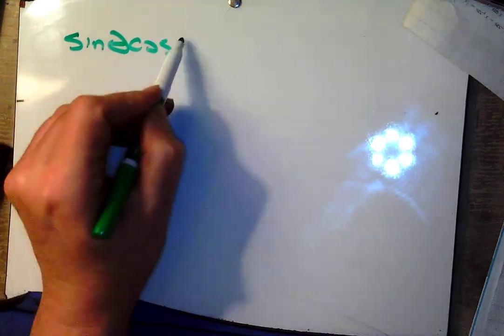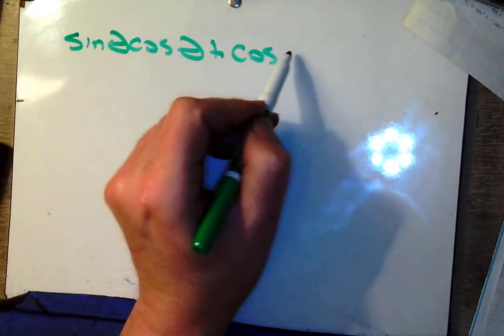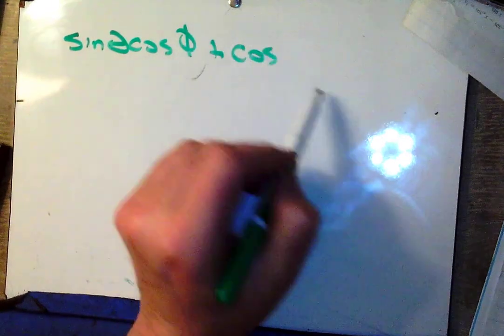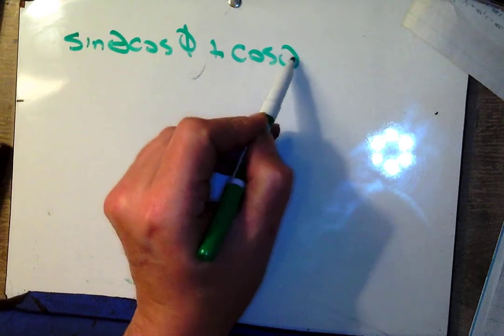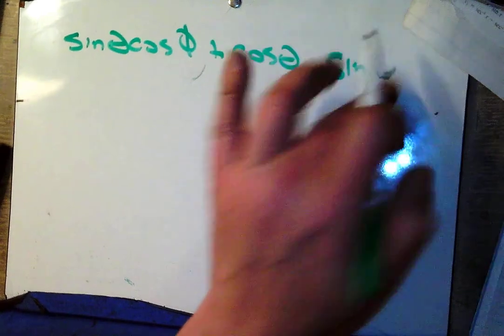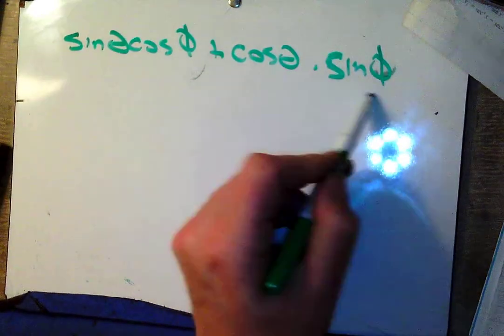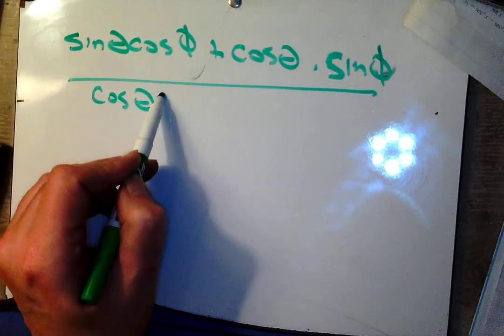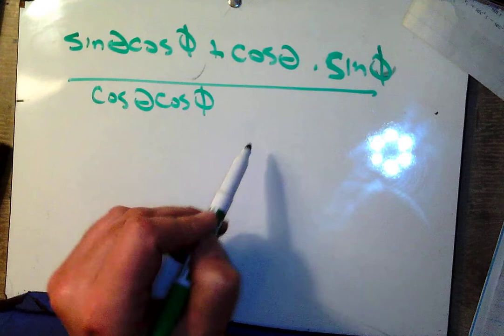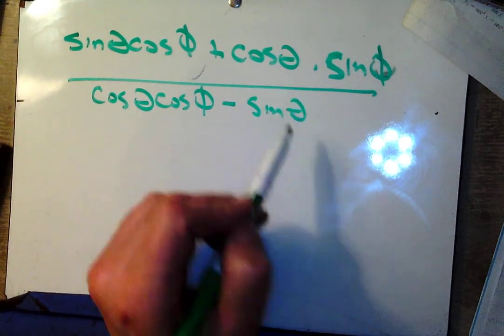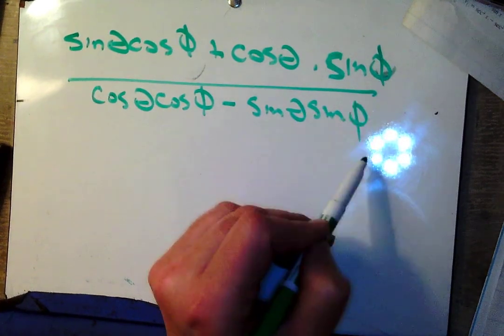Yeah, so sine theta cosine phi plus cosine theta sine phi over cosine theta cosine phi minus sine theta sine phi.